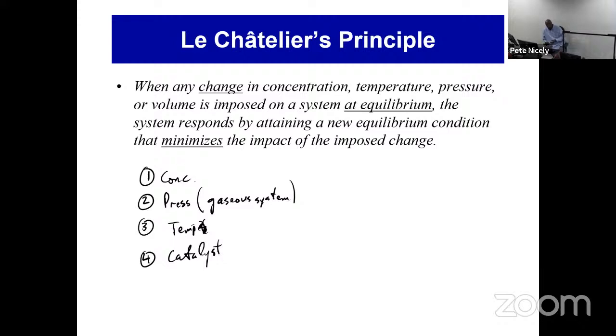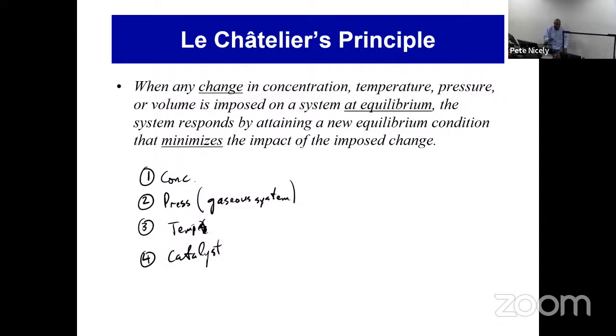Basically, what that means is that if you already have a system in a state of equilibrium, and all of a sudden you make a change to the system, right? The system will respond by opposing the change that you imposed so as to reestablish equilibrium, all right?